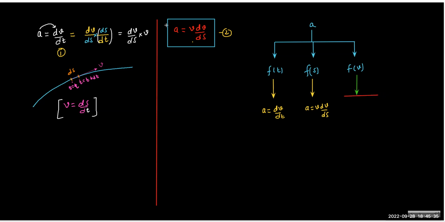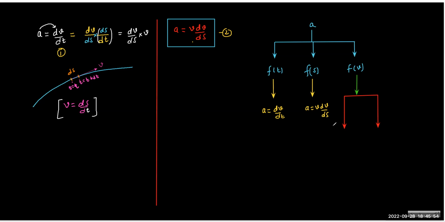The choice will depend on the problem statement. That's very simple, don't worry. It is not a mathematical choice. It's a choice as per the context of the problem, like what kind of relationship you want to derive. Do you want the time-based relation or the position-based relation?